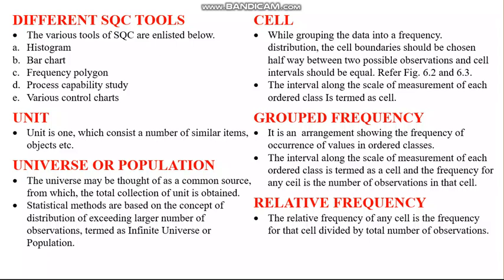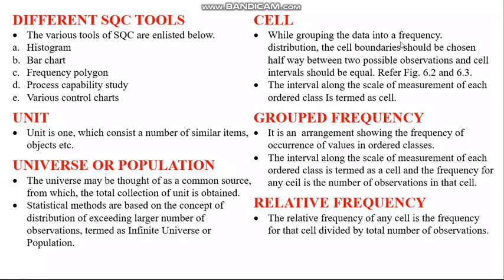In statistical quality control, as we have already seen, it is not used for a few items. When a large number of observations are there, only then can you apply statistical quality control. So when you say universe or population, it is that big number from which you are taking your samples.